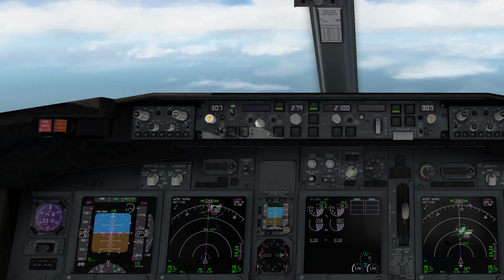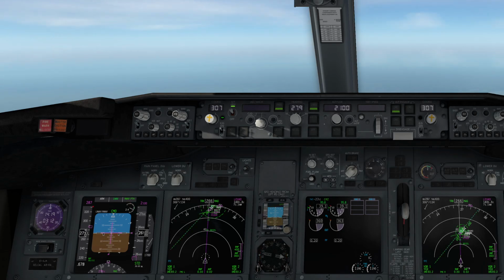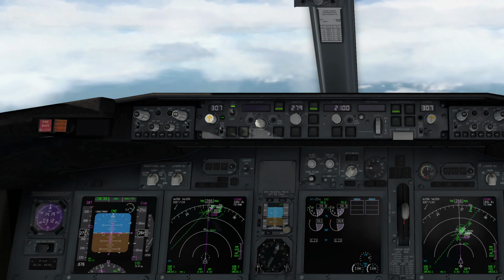Now we see here with the green arc that we will be at 2,100 feet at the waypoint Levad as planned, and we are bang on the VNAV path. So, and finally we receive the Gander VOR, all is fine.